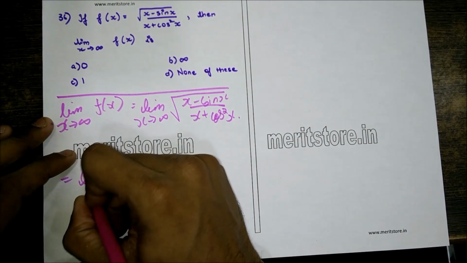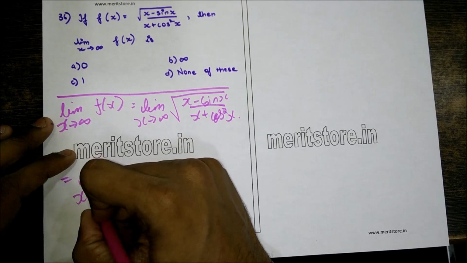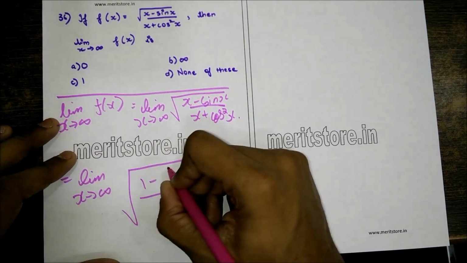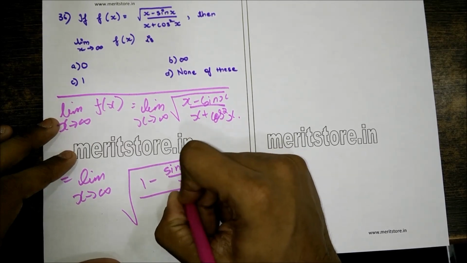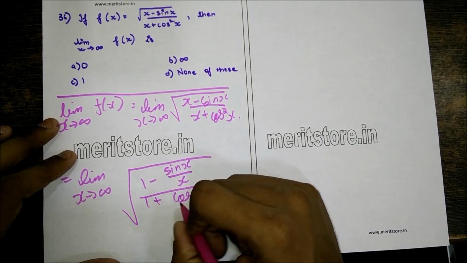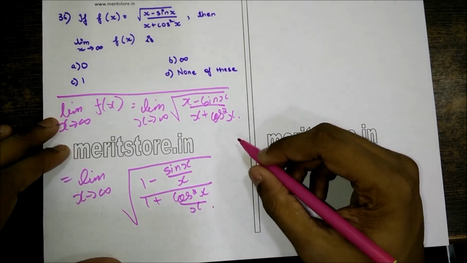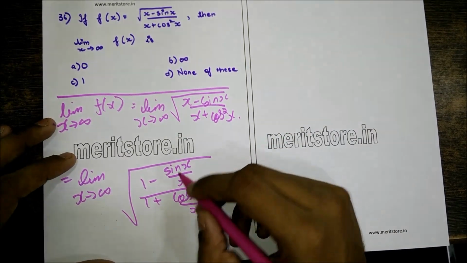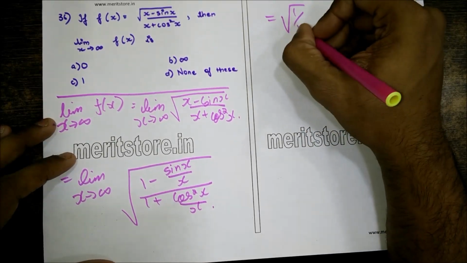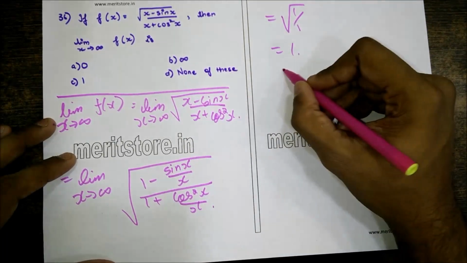We could write this as limit of x tends to infinity root of 1 minus sin x by x upon 1 plus cos square x by x. Now we can apply the limit of x tends to infinity, cancelling out the terms. We are left with root of 1 by 1, which is 1, option C.